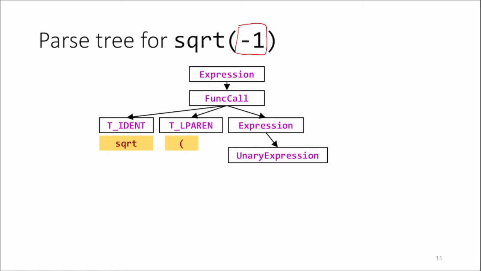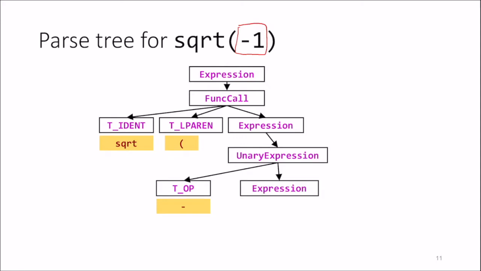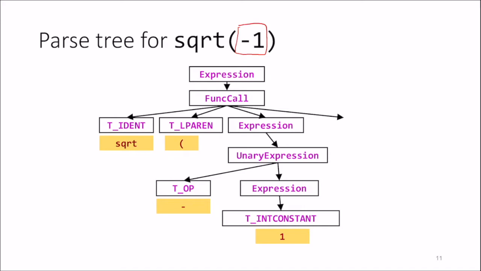And this unary expression has a unary operator, the minus, and it has an expression after that operator. Again, it can be an arbitrary expression. In this case, it's a specific type of expression called an integer constant, and that's 1. And then finally, to get a valid function call, you also need a close parenthesis. Without the close parenthesis, you would end up with a syntax error.